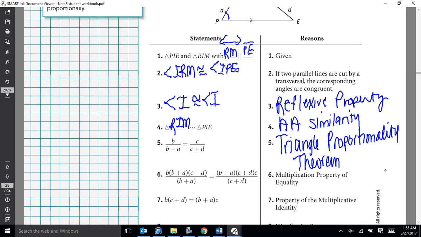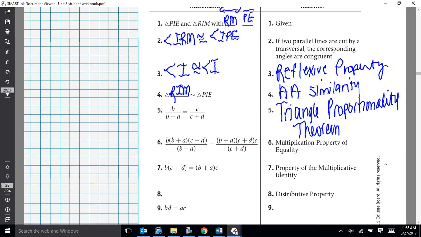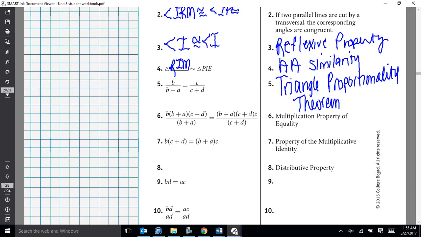All right, so from 5 to 6, what are they doing? They're doing multiplication property of equality. And then from 6 to 7, they're simplifying. All right, so from here to here, what are we going to put?